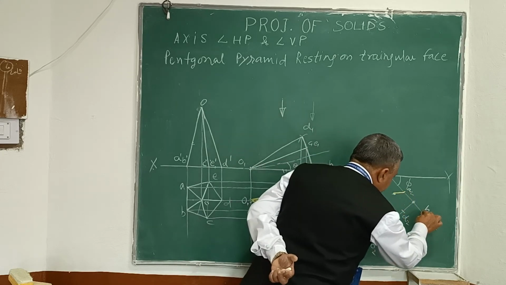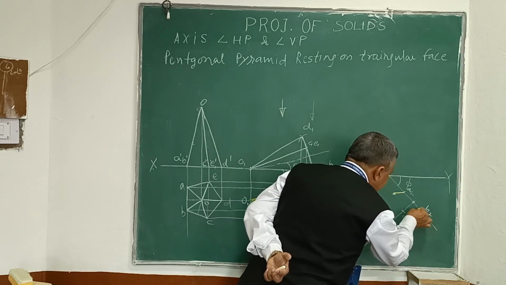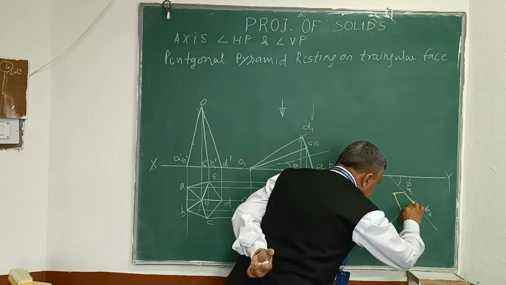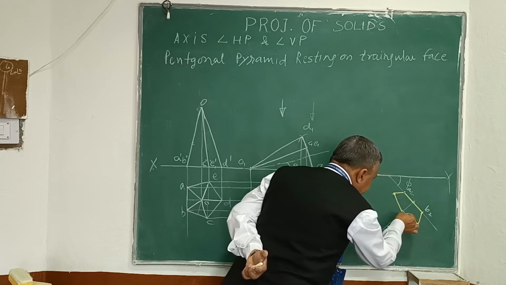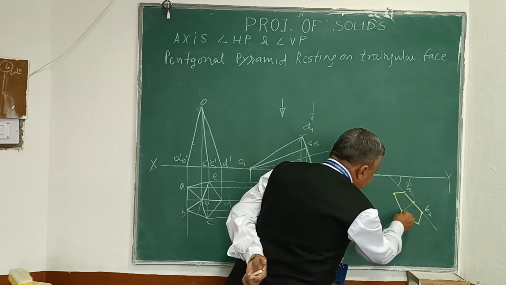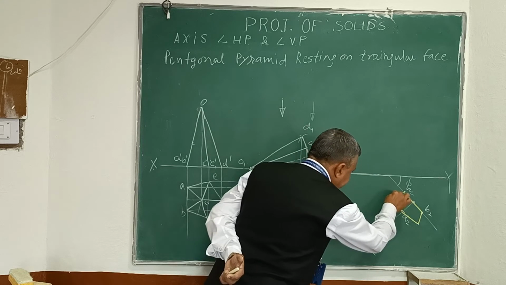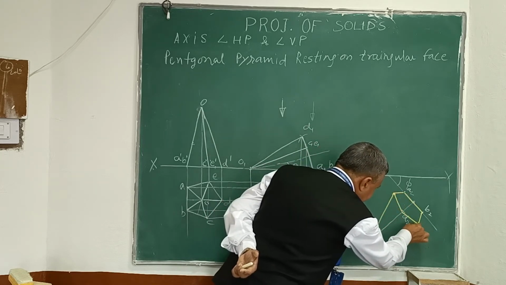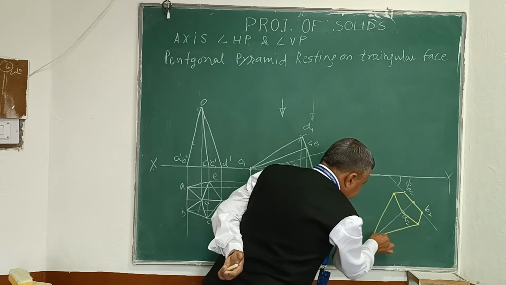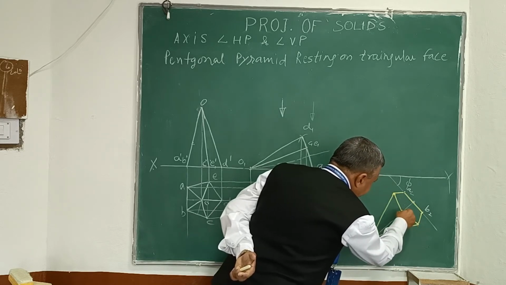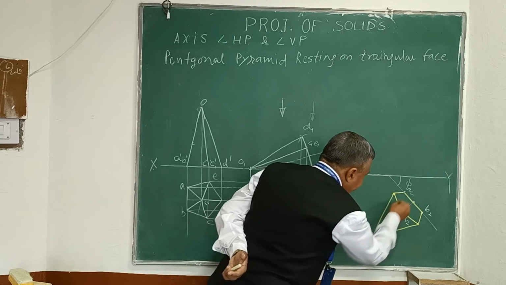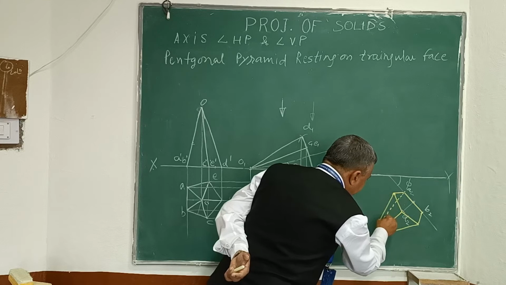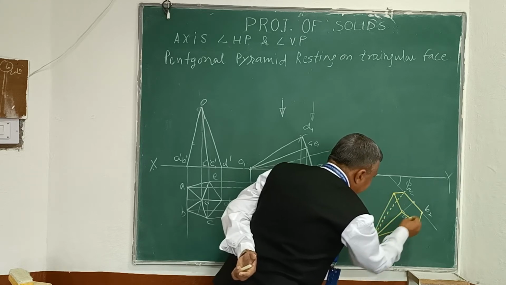See here, like this. These lines are hidden, so we have to draw them same as in the last view.